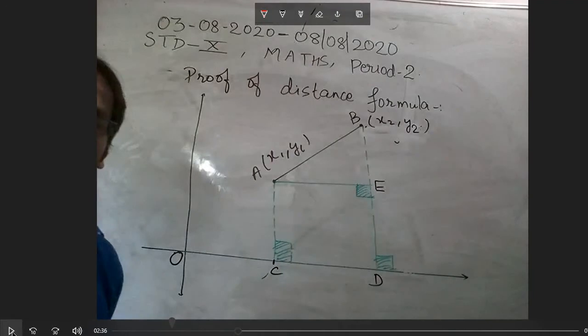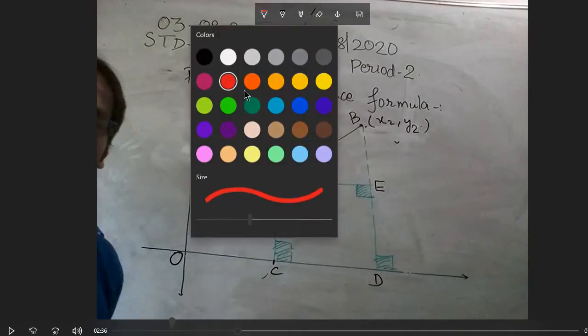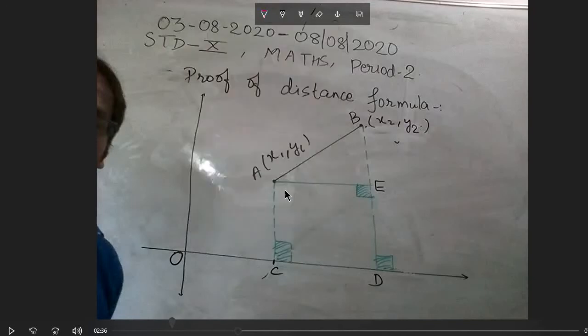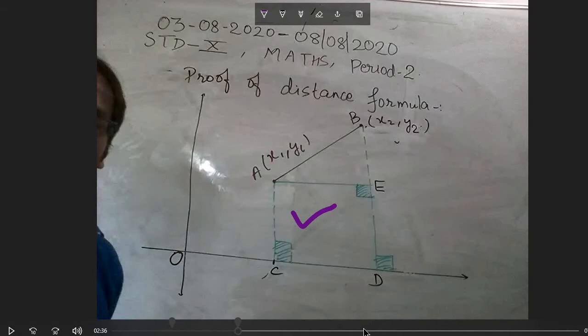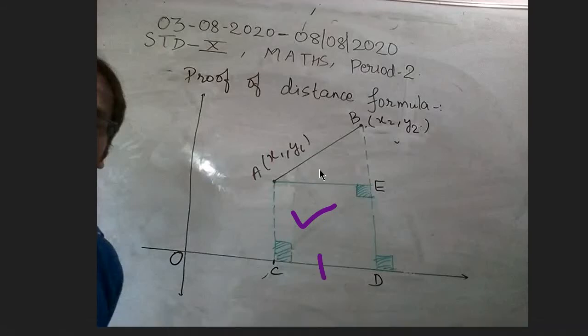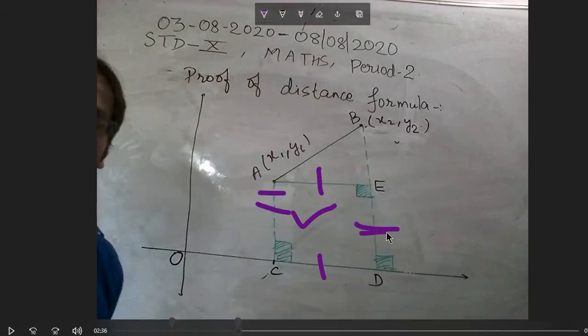Okay, one thing here. Now this shape is like a parallelogram. So opposite sides will be equal. So this side will be equal to this side will be equal to this side. Clear? Okay, now see.